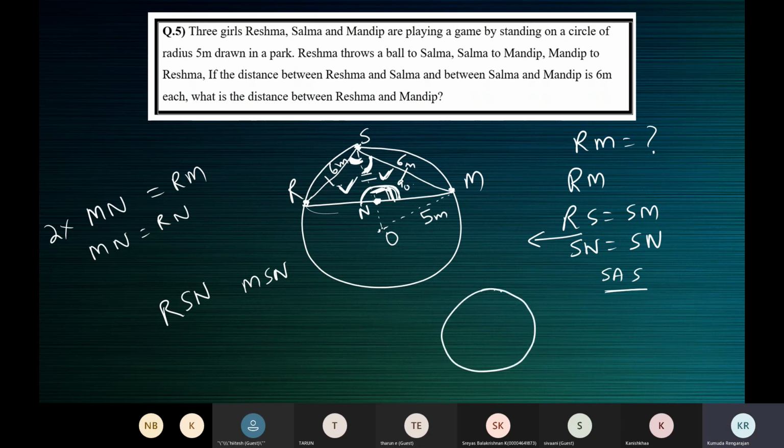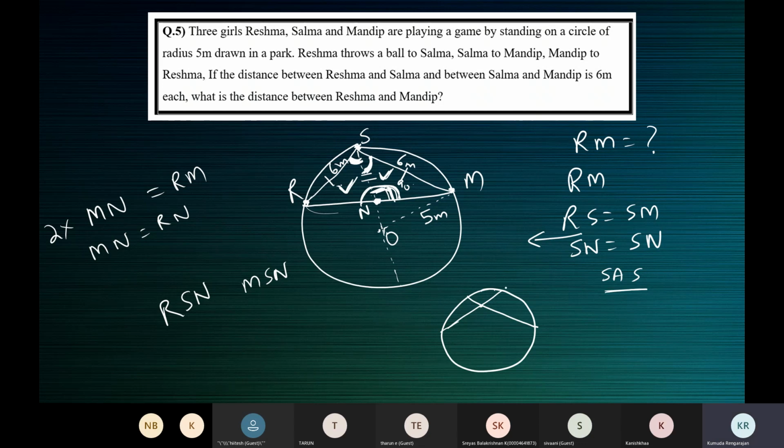When two equal chords intersect within the circle, they make equal angles with the diameter. If you produce this radius, it's a diameter. So when two equal chords intersect within the circle, they make equal angles with the diameter passing through their point of intersection.